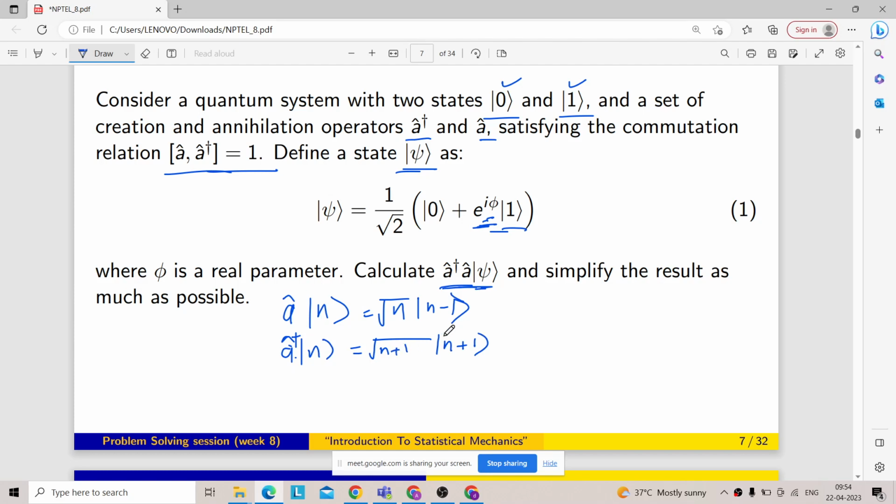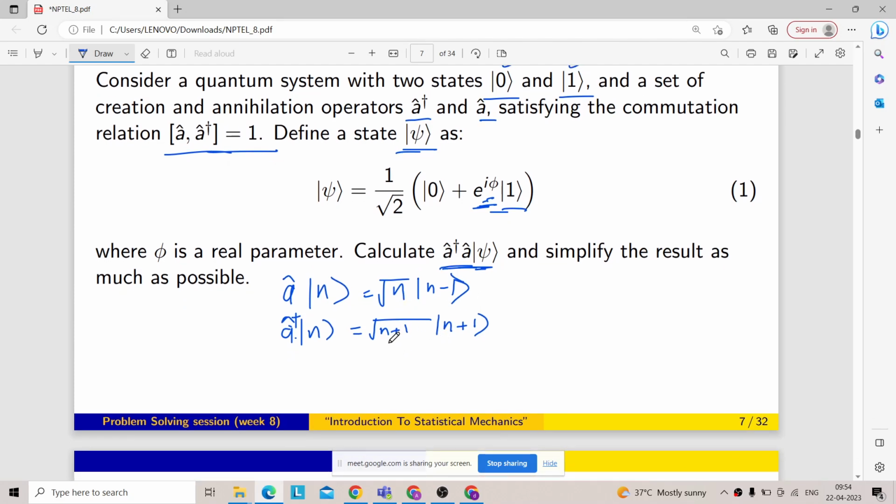Now we see when I apply a dagger a on n, let me write it this way. This is a dagger a acting on n.